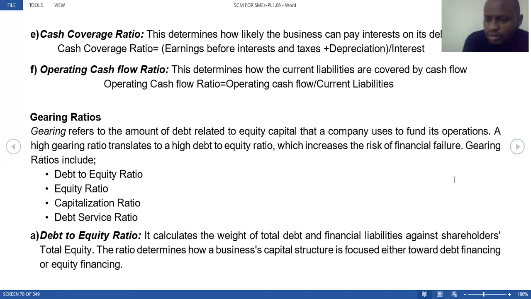And maybe debt financing is the finances that are used to pay the debt that the business owes. But equity financing is financing towards getting equity or getting money that will support your business in form of equity.